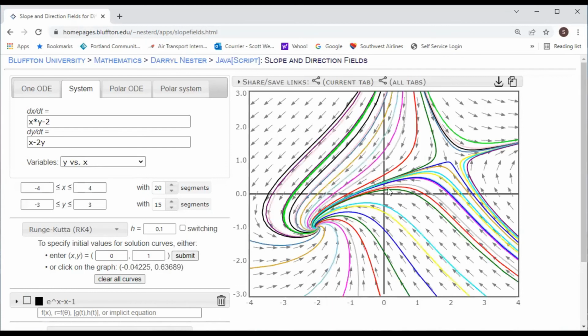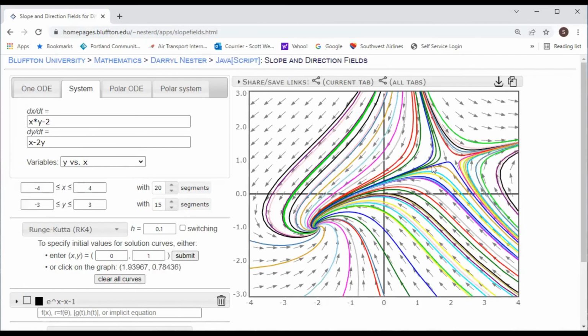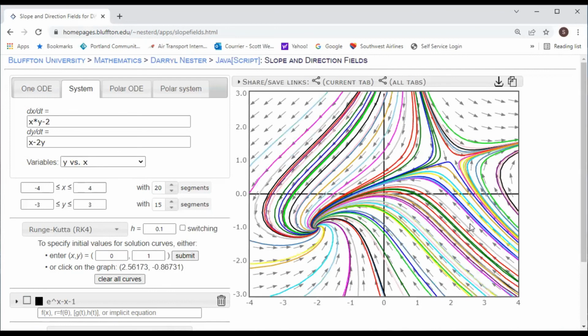It is definitely spiraling into that point, and it is definitely doing saddle point behavior around the other one. So once again, we have confirmation. As we predicted, we have it slingshotting around at the saddle point at +2, +1, and spiraling inward at -2, -1.